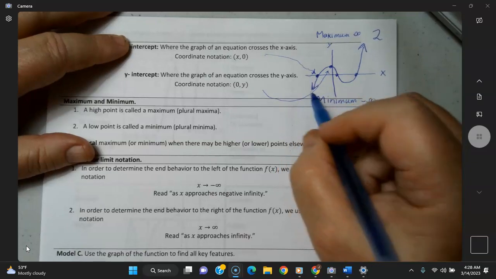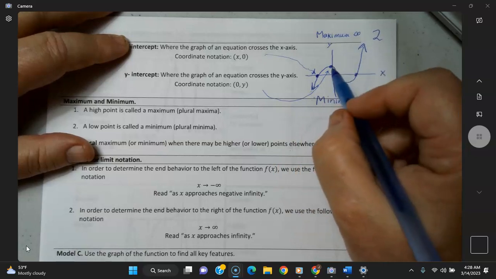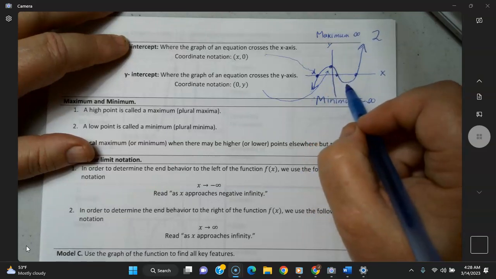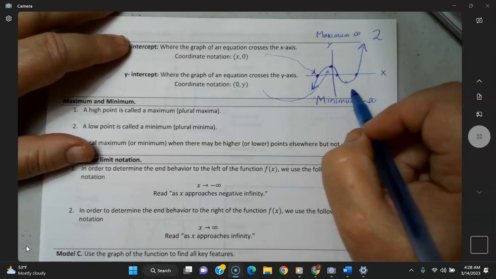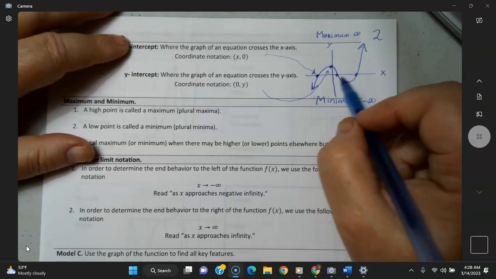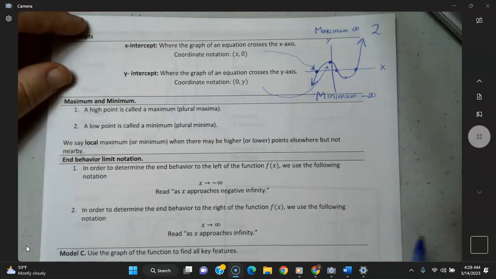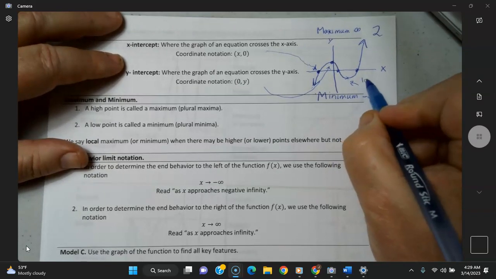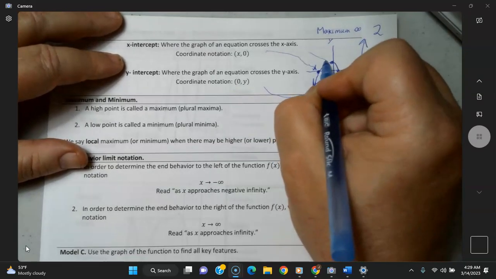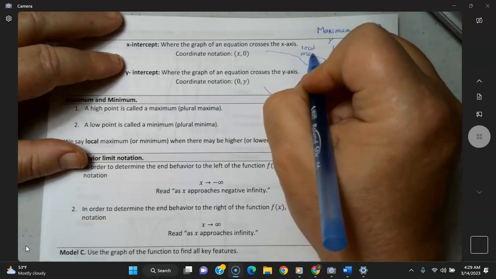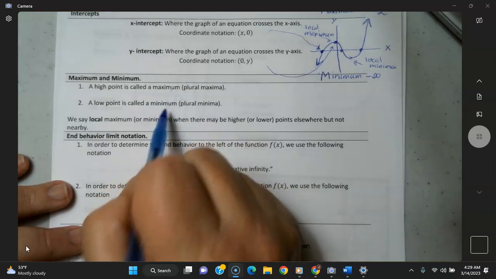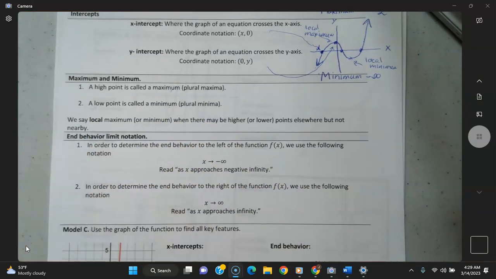Now there's a local maximum right here, because just in this little area, that's the highest point of this area right here. This would be a local minimum right there where I'm putting the x, because it's the lowest point in that general area right there. So those are local. I'll go ahead and write those out. Local minimum, and this point right here is a local maximum. Okay, all right, so we'll go on down here. So they talk about maximum, minimum, local maximum, and minimum there.